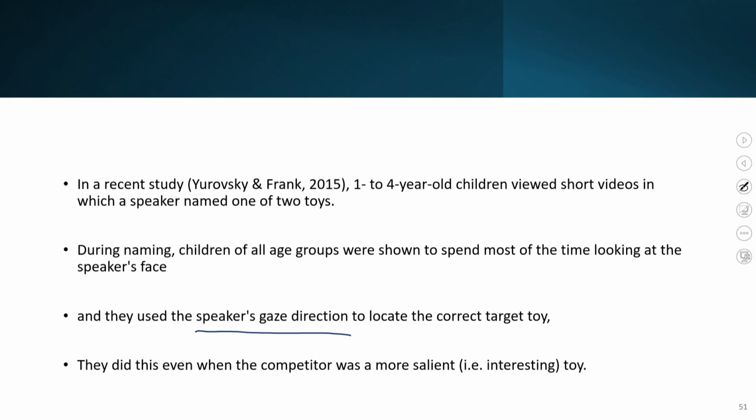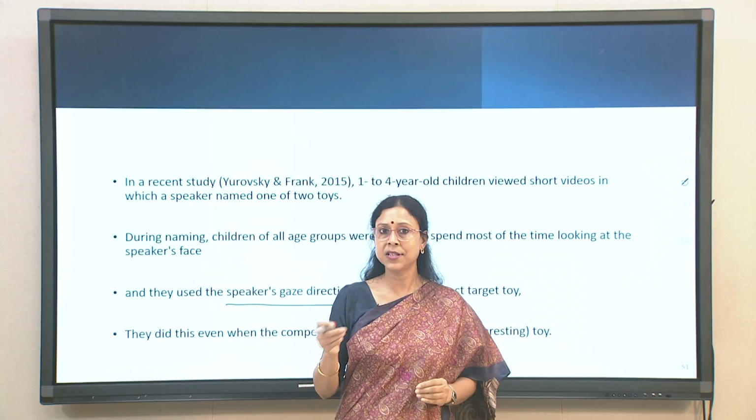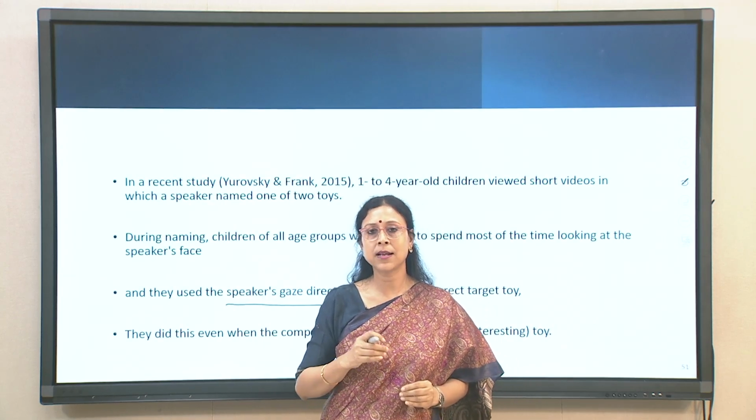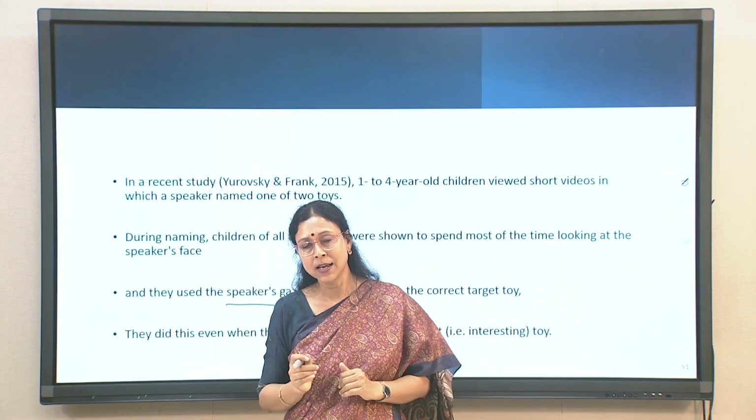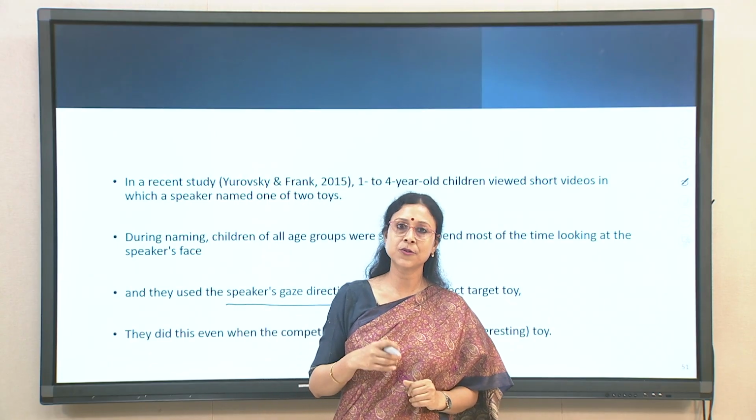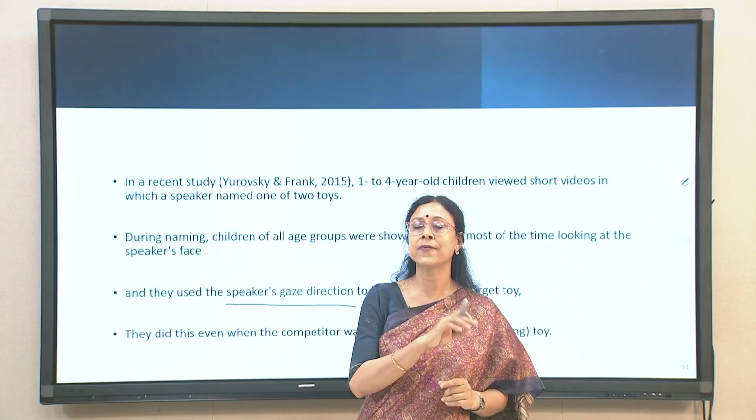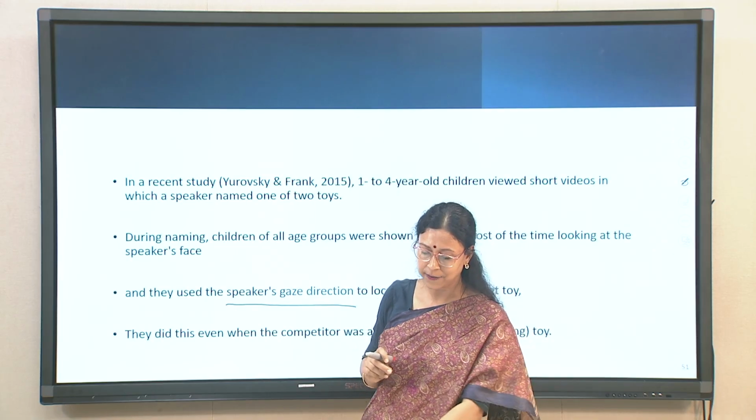So, when they had to name the toy, first they saw the video where the adult was naming the toy by looking at it, and that is why when the child was asked to name the toy, they were looking at the adult's face to figure out which one is the referent.